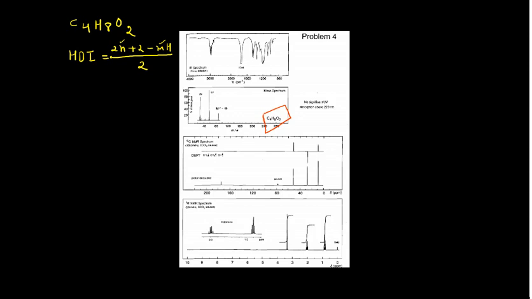So we have 2 into 4 plus 2 minus 8 hydrogens, which you can see here, divided by 2. Then this is 2 by 2 equals 1. That means the index of hydrogen deficiency is 1.